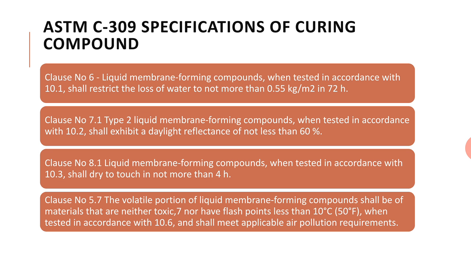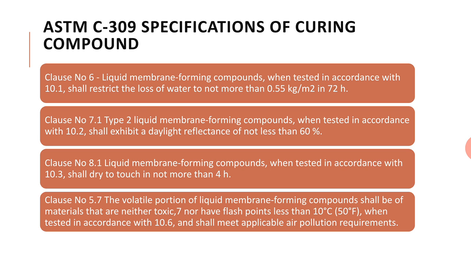ASTM C309 specification of the curing compound. ASTM C309 Clause 6 states liquid membrane forming compound when tested in accordance with Clause 10.1 of ASTM C309 shall restrict the loss of water to not more than 0.55 kg per square meter in 72 hours.